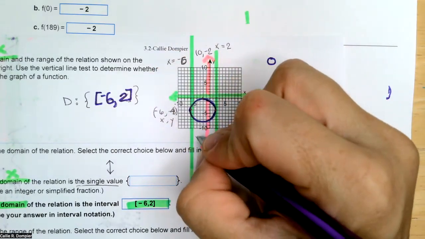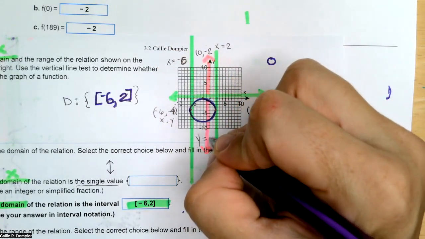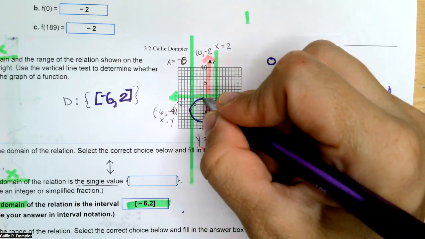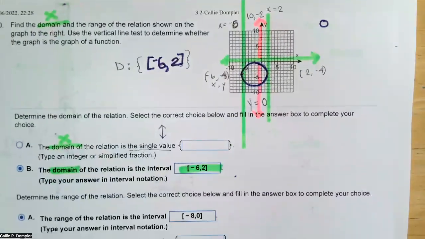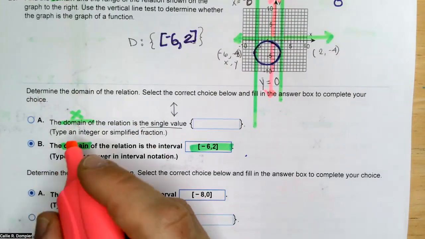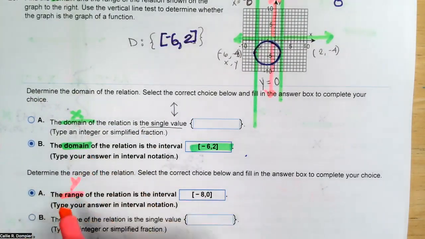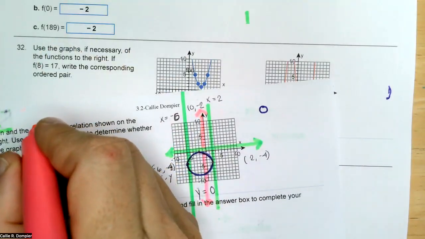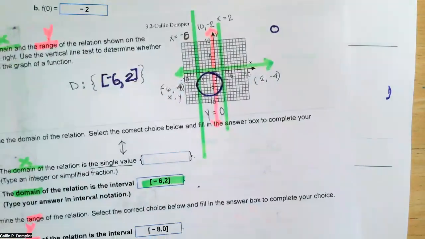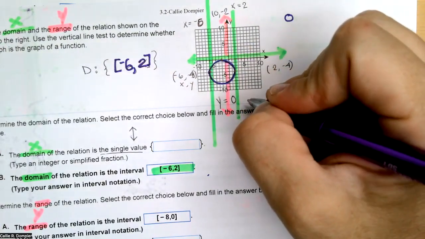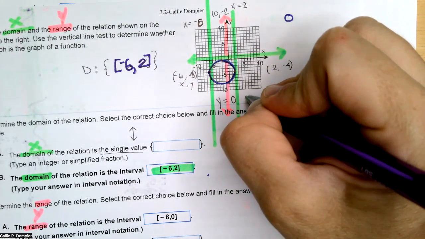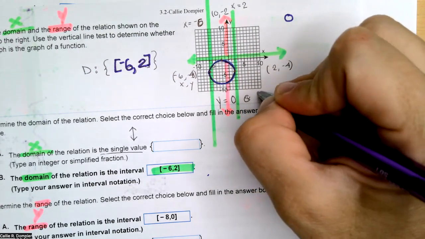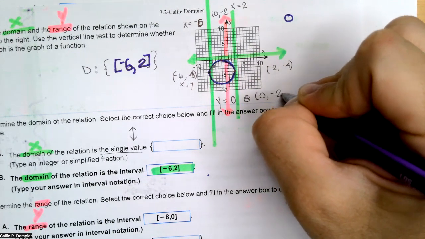So when y is 0 at its tallest, because range, we're talking about y. So the highest y value we get is 0. Y equals 0 at 0, negative 2, we decided.